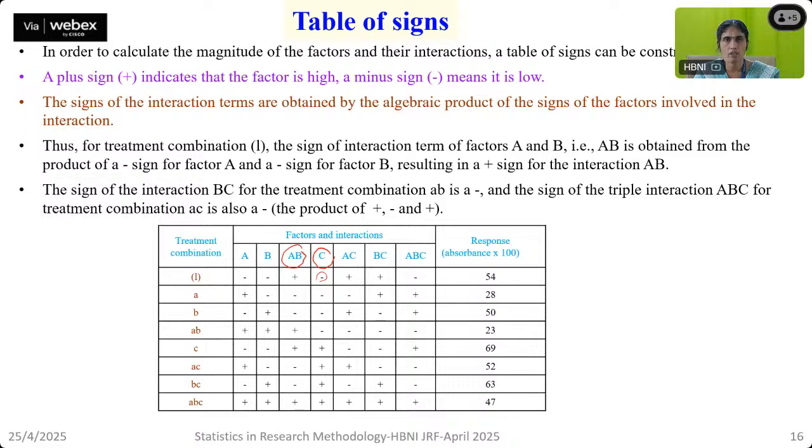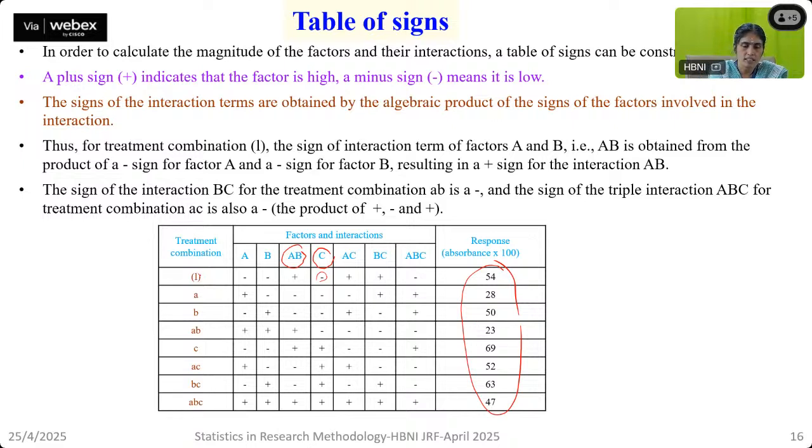If you have a triple product of A, B, C, where A is having plus, B minus and C plus, then it will be plus into minus, it will be minus, minus into plus again, it will be a minus. So it is a simple mathematical product only. Minus into minus will be plus, plus into plus will be plus, plus into minus will be minus, minus into minus again it will be plus. And the rightmost columns are the average absorbances measured during the experiments. So that is where these numbers come from.